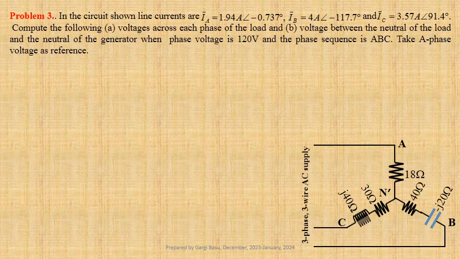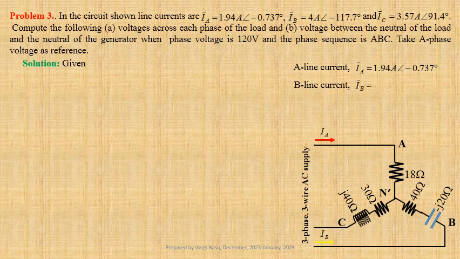Let us first write down the given data. Current flowing through the A line, IA equals 1.94 ampere at an angle minus 0.737 degree. Current flowing through the B line, IB equals 4 ampere at an angle minus 117.7 degree, and current flowing through the C line, IC equals 3.57 ampere at an angle 91.4 degree.